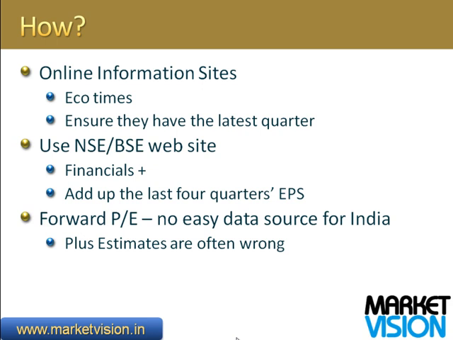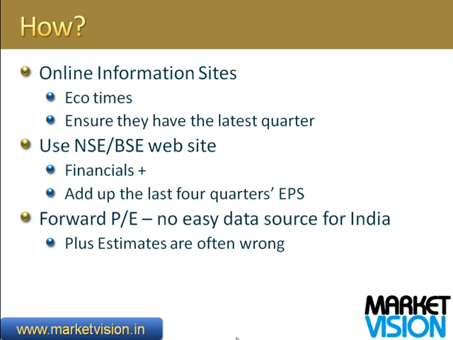Most estimates are made by individual analysts and they are not big enough in terms of numbers to actually create a good consensus estimate. So if you have only about 2 or 3 analysts covering a stock and they give you wide ranging estimates of profits, you can't really use that to make something that's reliable as a forward PE indicator.